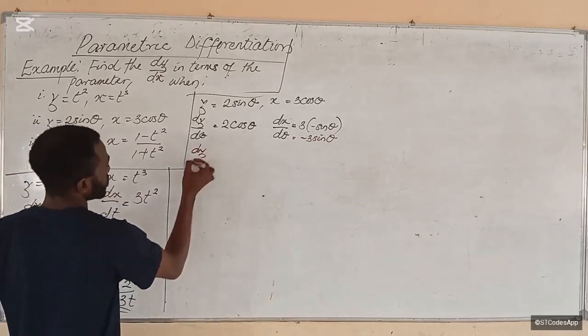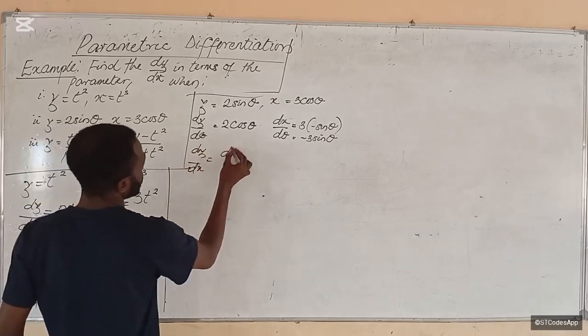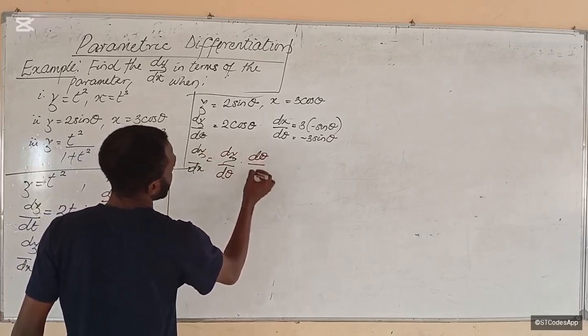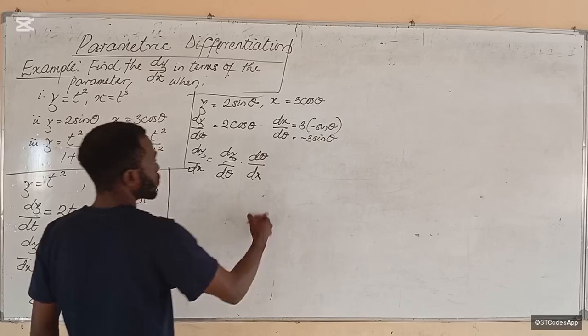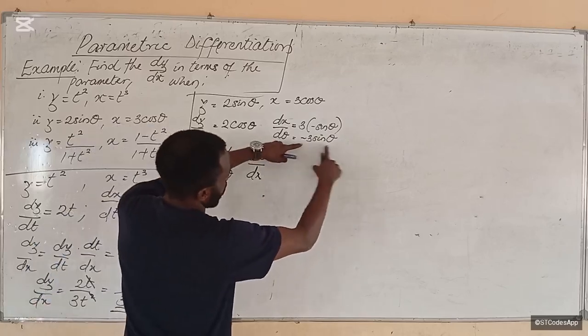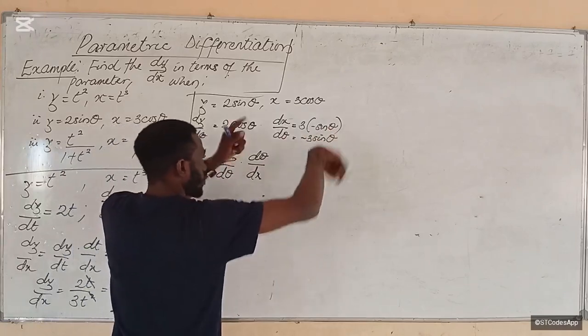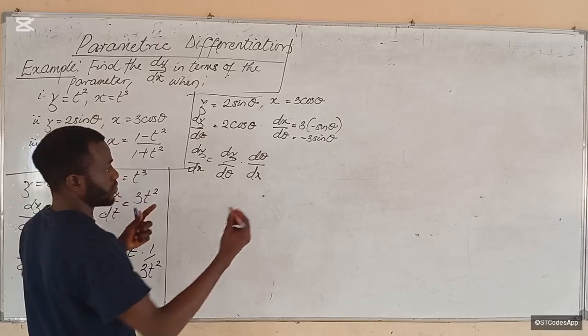So dy/dx will now be equal to dy/d theta dot d theta/dx. Okay, so from here we already know that d theta/dx will be 1 over this, right? Inverse of that. Just turn it upside down. This thing is over 1, turn it upside down. I hope that is not confusing.